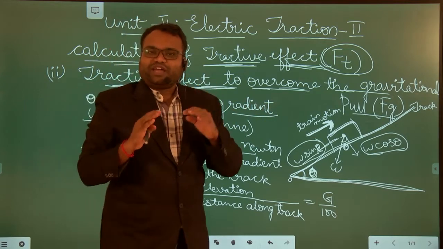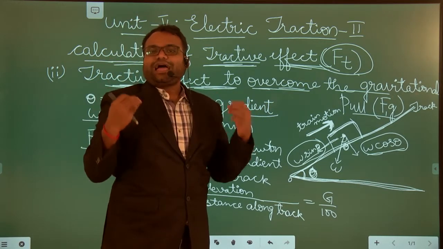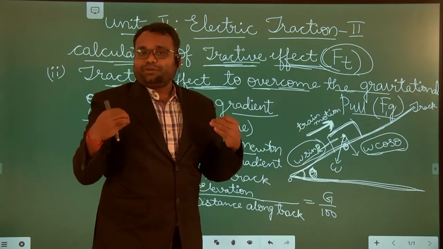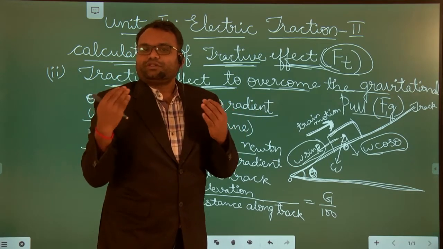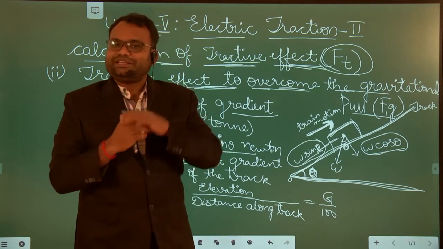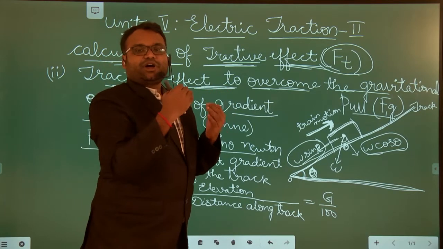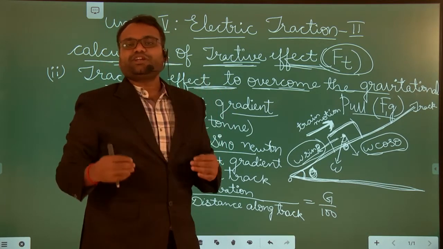W cos theta is not opposing the motion of the train, it is just acting perpendicular. But W sin theta is acting opposite to the direction of the train.